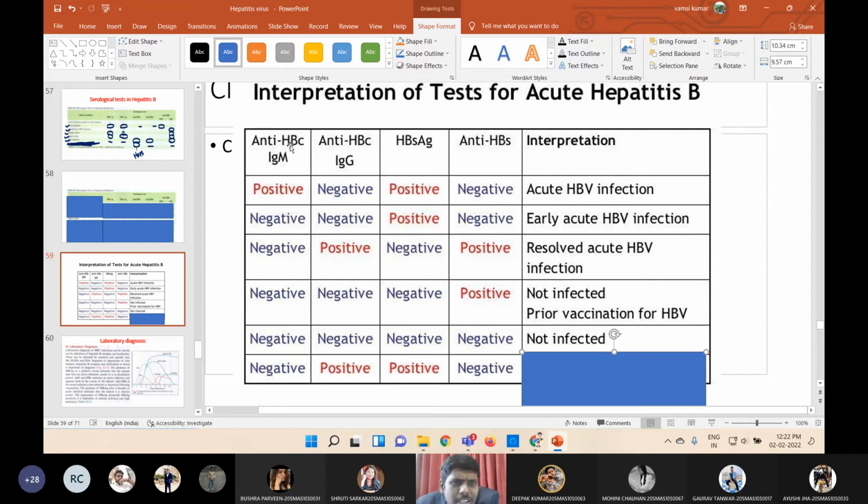Last and final, students: core M is negative, core G is positive. That indicates past infection. Surface antigen is positive, so this is a chronic infection, or this person can have an ongoing or reactivated infection. He can be a chronic infector, that means either a simple carrier or a super carrier.